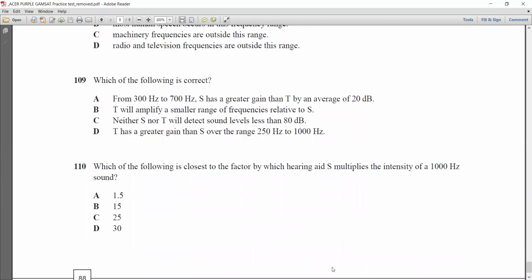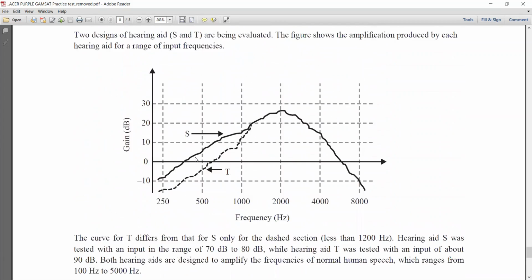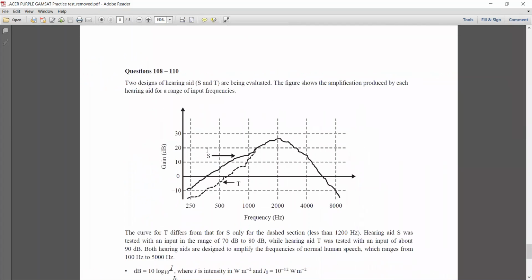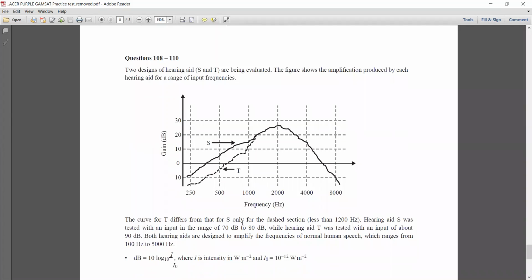So what about question 110, if they have given this passage here? They have given something here and they want to know some value of it. Hopefully it is still visible for you. So they have given two designs of hearing aids, S and T, being evaluated. The figure shows the amplification between the two aids, which we can hear very clearly.